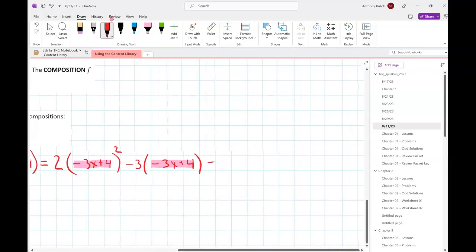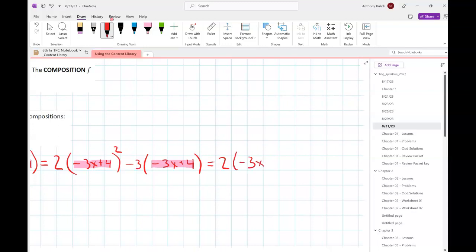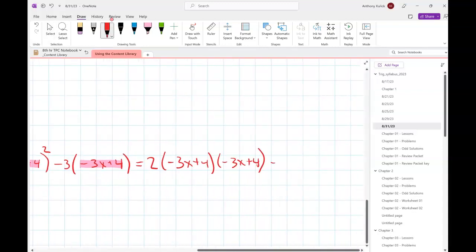Sure, yeah, that's a good idea. So negative 3x plus 4 squared means negative 3x plus 4 times negative 3x plus 4. Everybody good there?